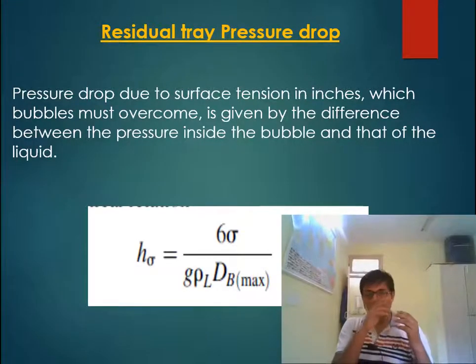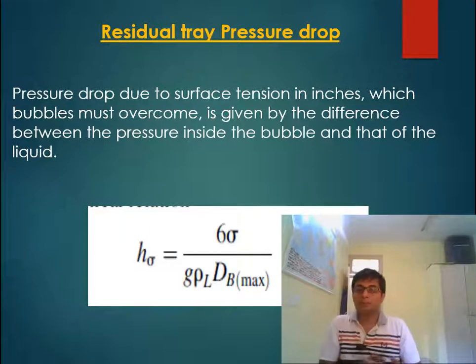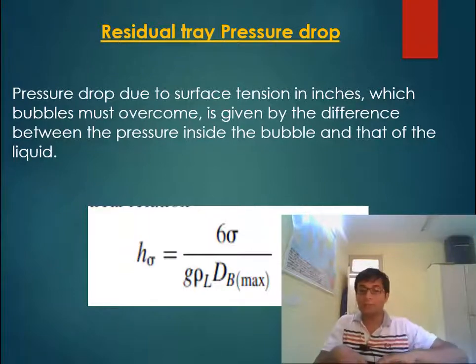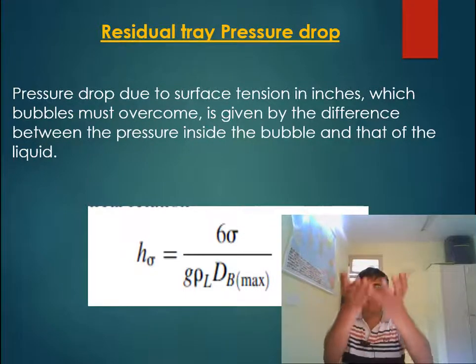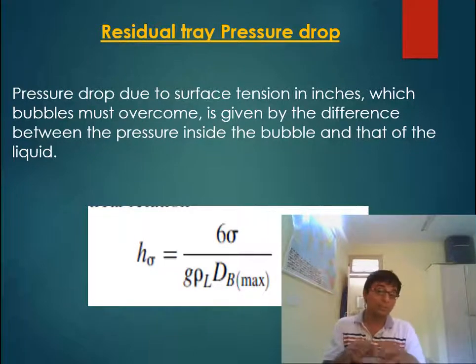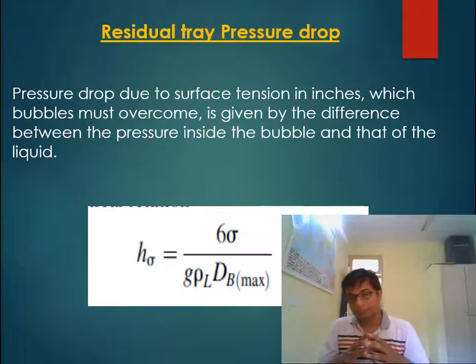Okay. Now, when vapor passes through the liquid pool, what happens? Vapor is coming below the tray, it passes through the orifice, and when it passes through the orifice, it emerges as a bubble. So the vapor bubble is rising through the liquid, and we know that whenever a vapor bubble is in the liquid, there is an excess pressure inside the bubble, which we studied in school.